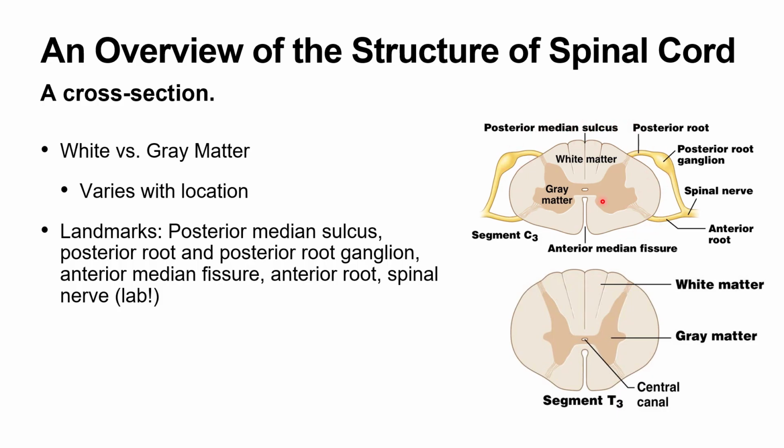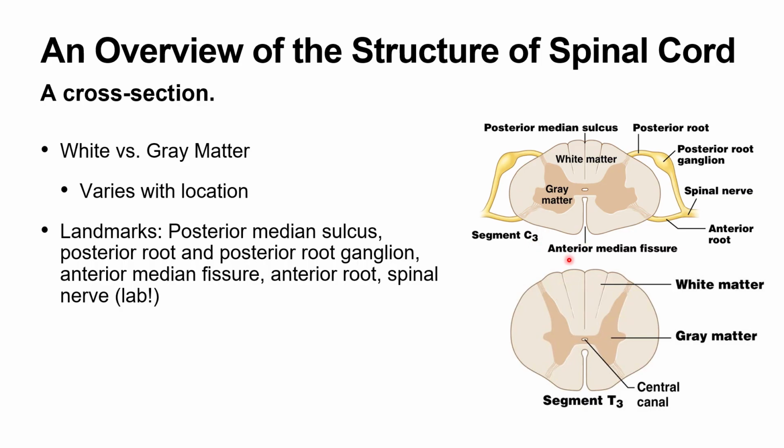But when we take a look next at the anterior median fissure and the posterior median sulcus, these are key landmarks which help to divide the left and the right portions of the spinal cord. And of course, when we talk about left and right, we are talking again about from the patient's perspective, not our own.